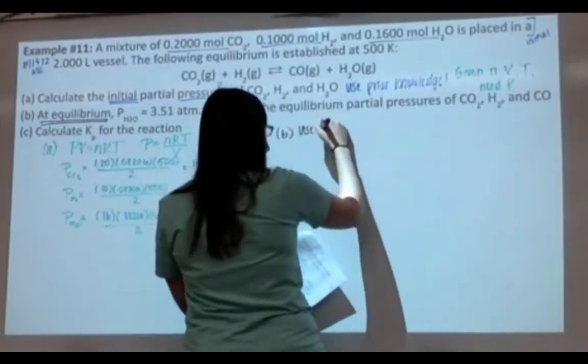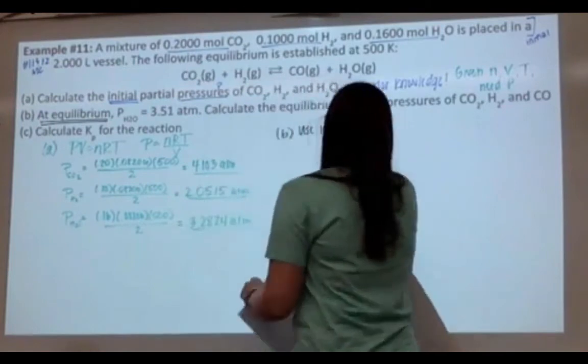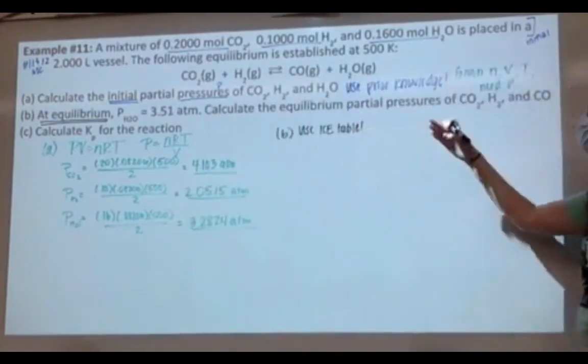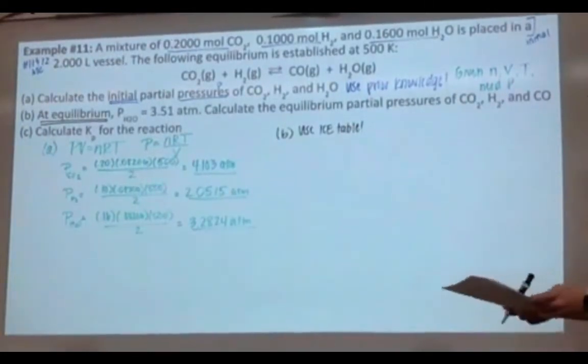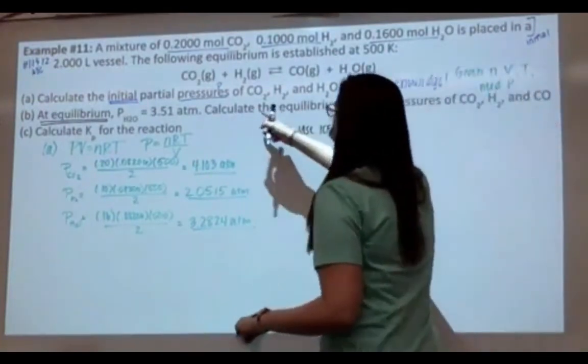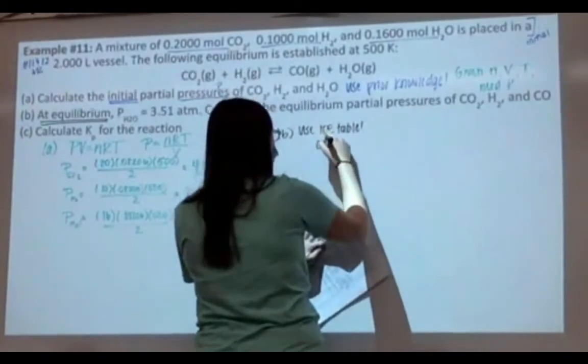So for this, we're going to use an ice table. ICE stands for initial, change, and equilibrium. So if we have initial and we're looking for equilibrium, an ICE table helps us set everything up. So I'm just going to rewrite this equation right underneath here so I can set up my ICE table.